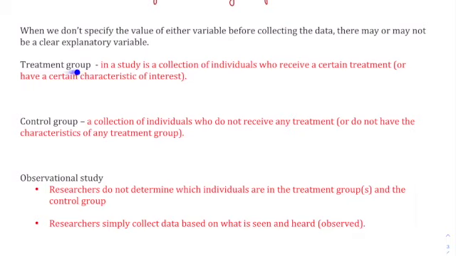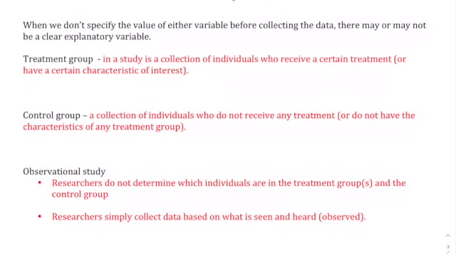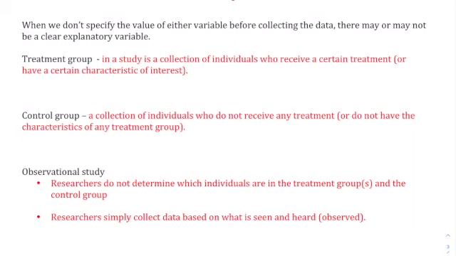The next thing we're going to talk about is what a treatment group is, because explanatory variables also have different kinds of categories. There's a treatment group: in a study, a collection of individuals who receive a certain treatment or have certain characteristics of interest.